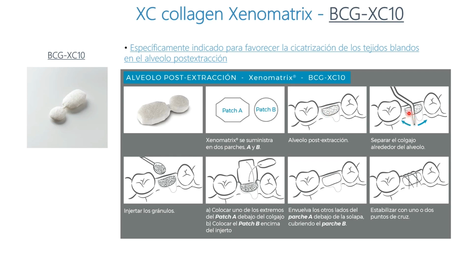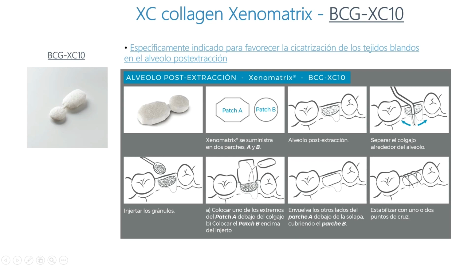Here there is the cleaning, the preparation of the alveolus. There is the insertion of granules, so of bone graft, in order to keep the volume in preparation of implant rehabilitation. And then there is the application of the Xenomatrix.